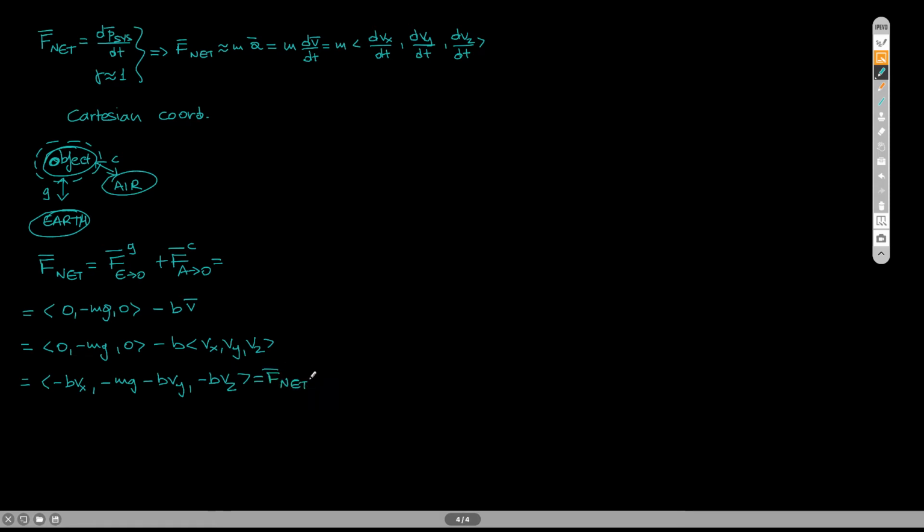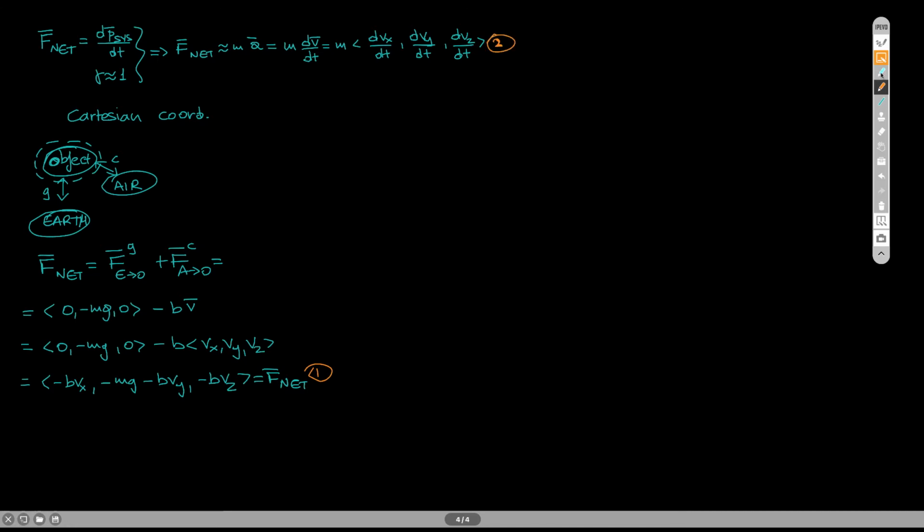And what I did here, I looked at the interactions that my system has with the surroundings, and I know the expression for those two forces, and I was able to find the net force just by looking at the interaction. Now, let's call this equation 1, and this is equation 2.